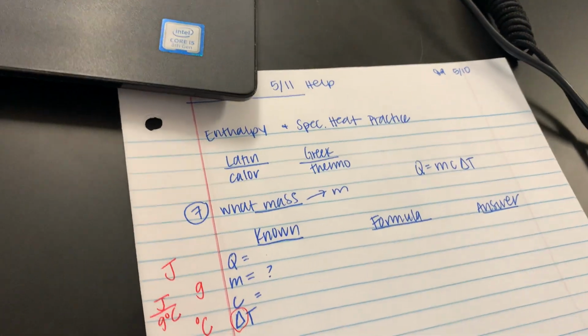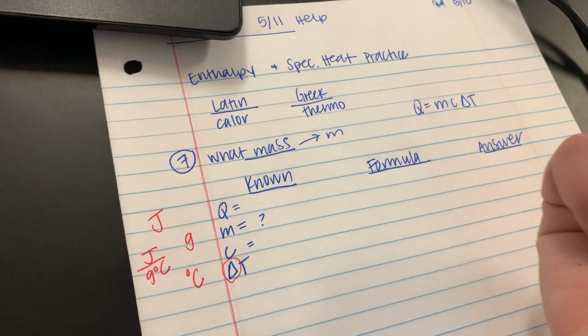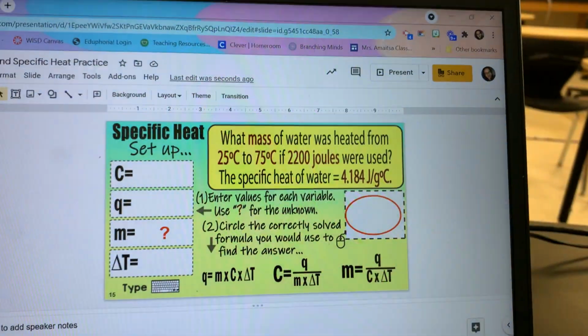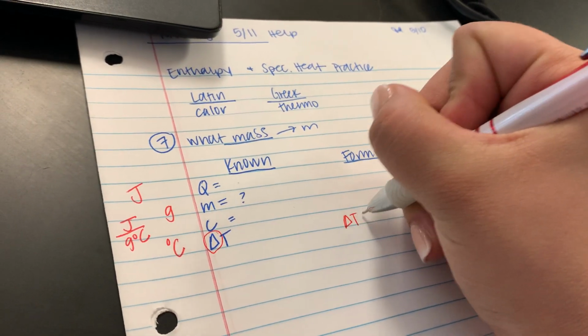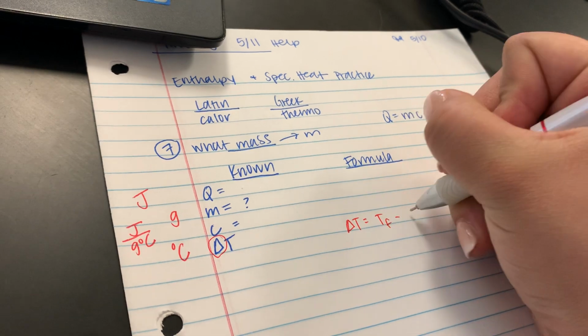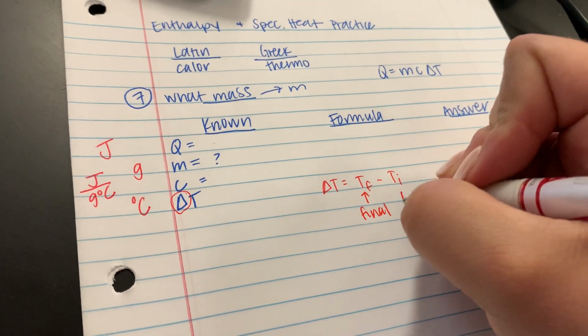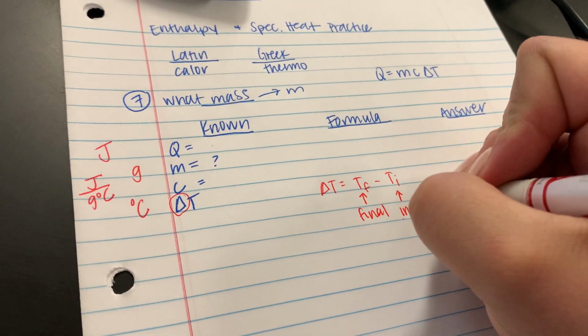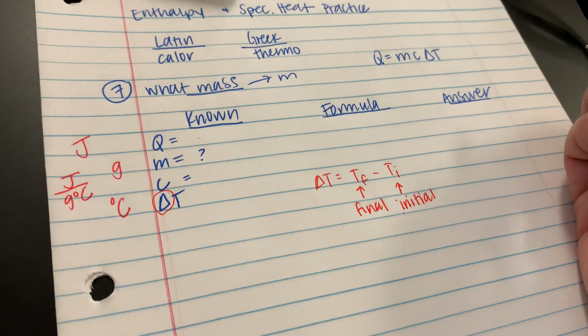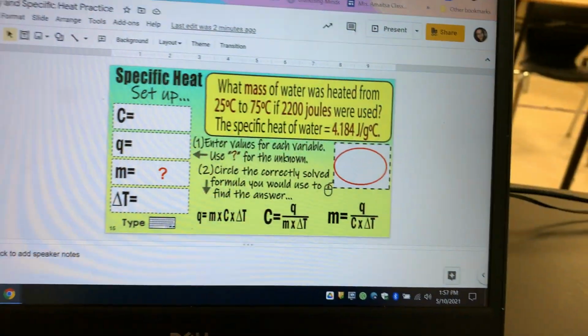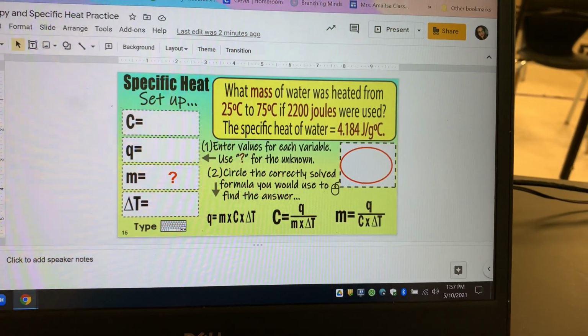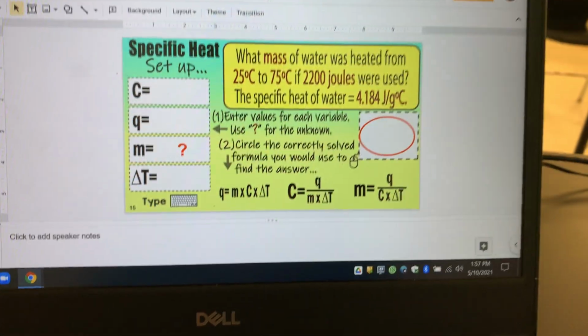So with that being said, we are given two temperatures. Remember, and here we'll put a separate formula over here, that delta T equals Tf minus Ti. Remember, this means the final temperature minus the initial temperature. What does initial mean? What we started out with. So based on this right here, it says it was heated from 25 degrees Celsius to 75 degrees.